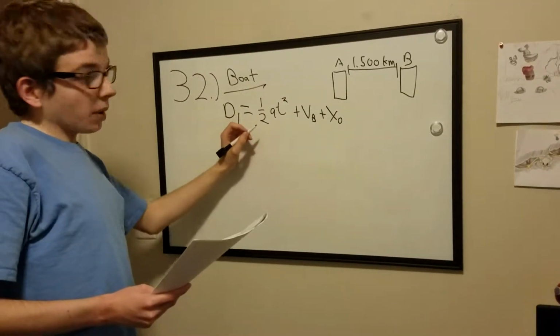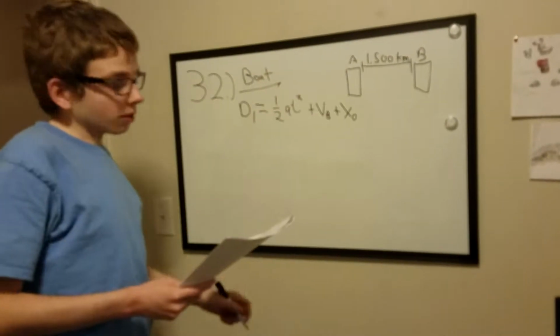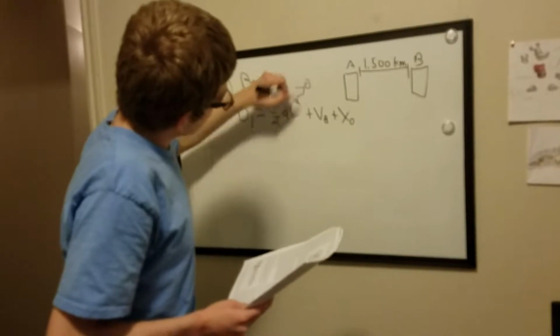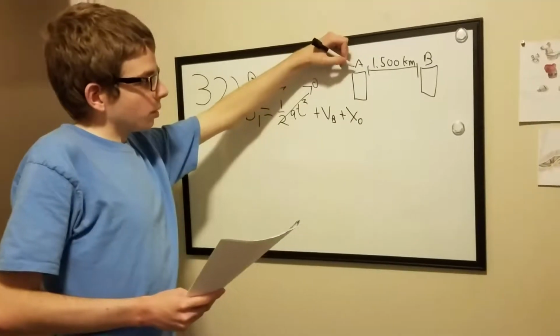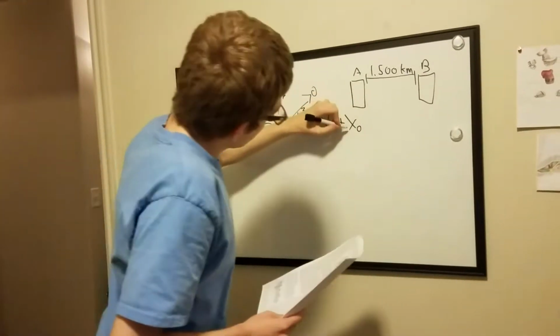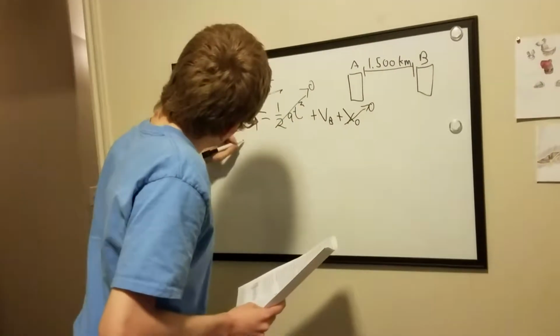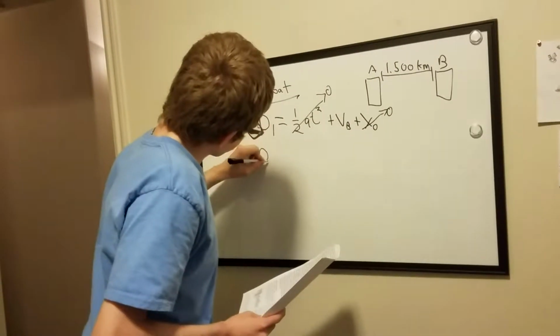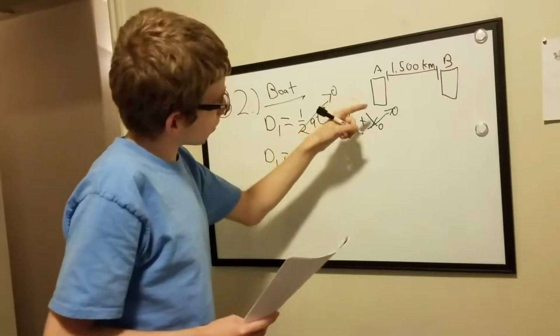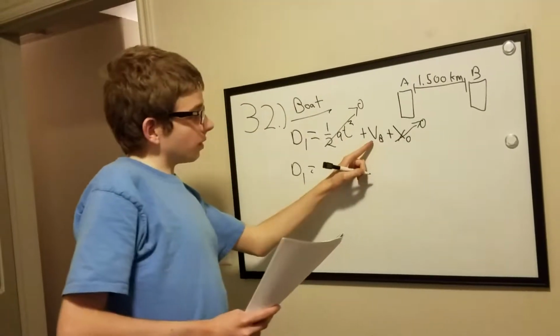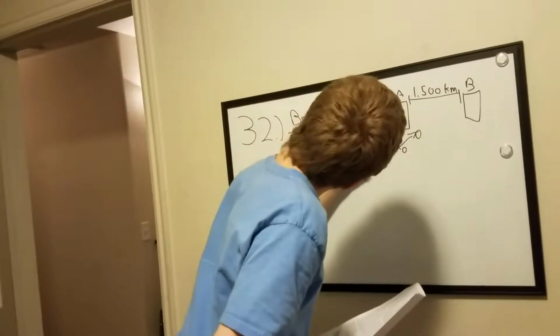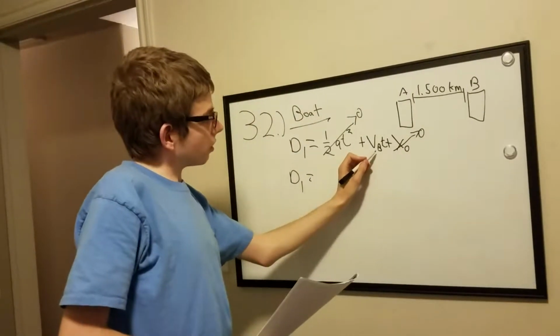Now, in this situation, because the boat is traveling at a constant speed, the acceleration term goes to 0, and because our starting point is just right here, that's 0, so the initial position goes to 0 as well. So then to find the time for the boat as it goes from A to B, we just need to look at the velocity times time, and then we just solve for t.